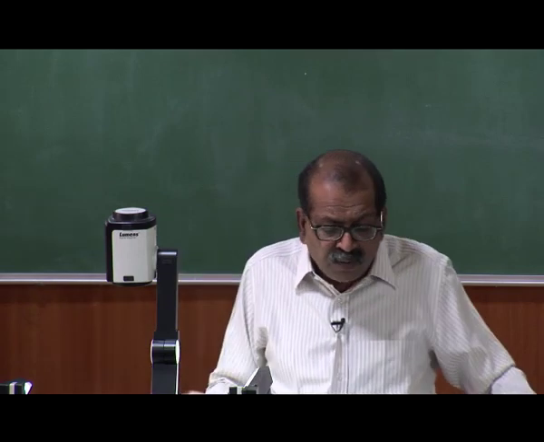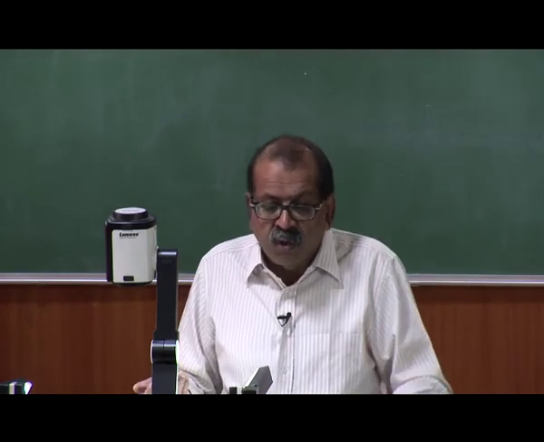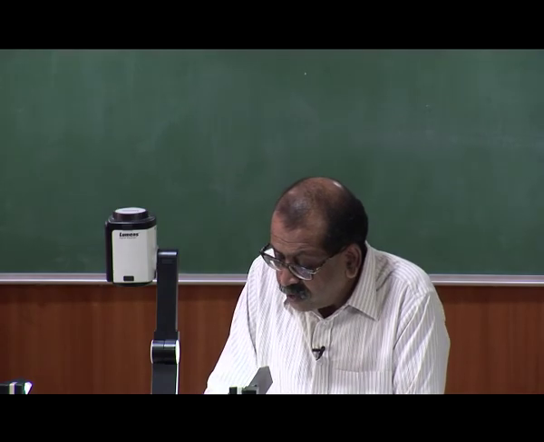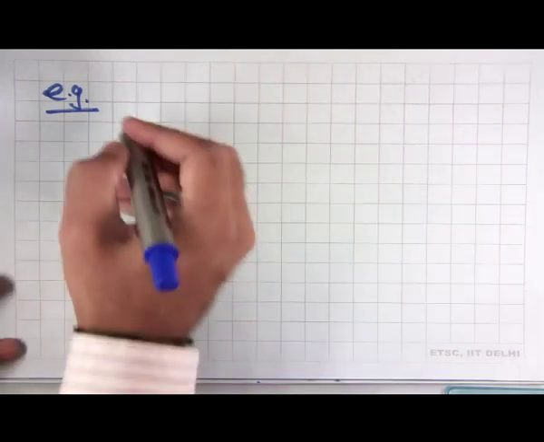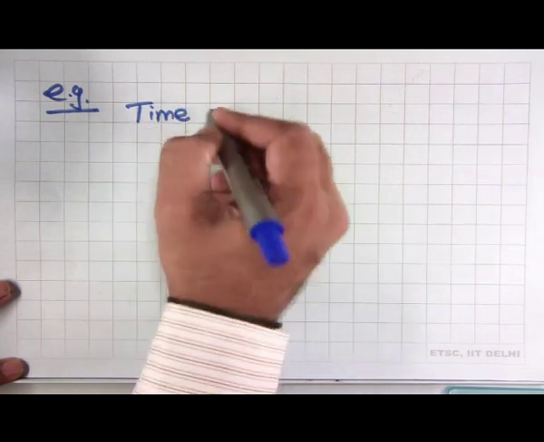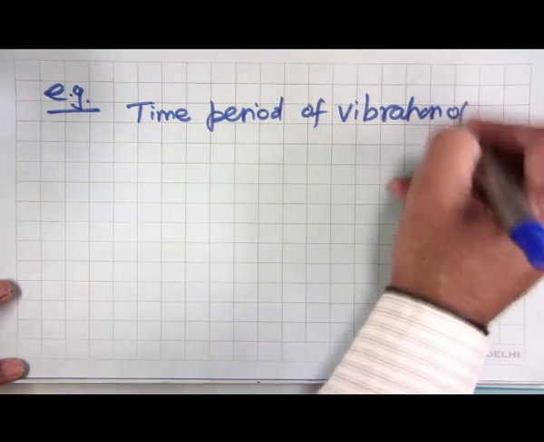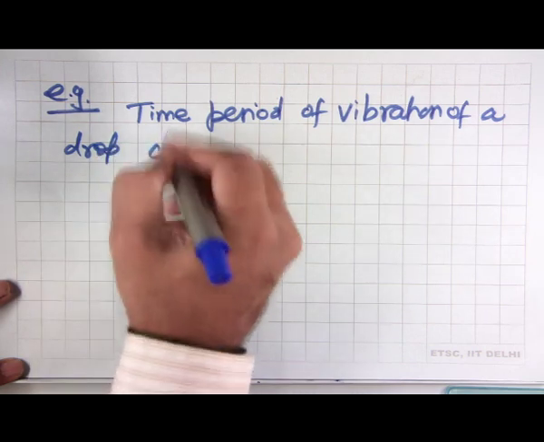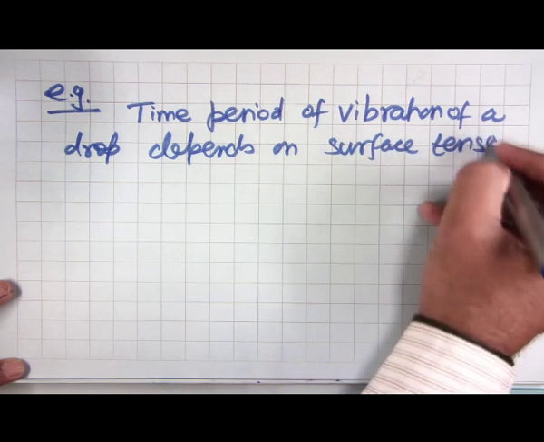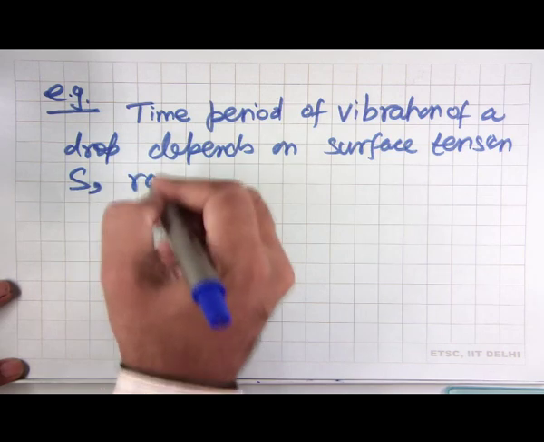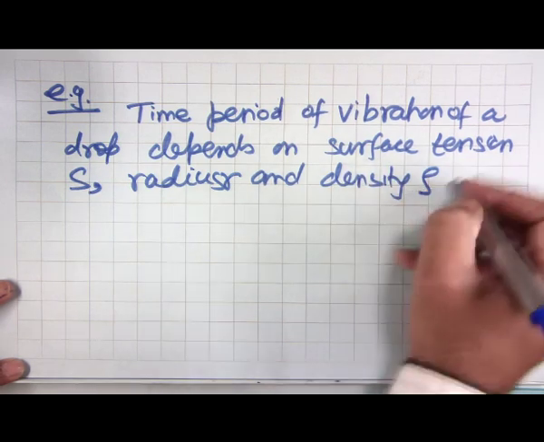So, how does one then use the principle of dimensional analysis to work out quantities? Let us look at this with the help of an example, and we will see how we can predict certain formulas. It is given to us that the time period of vibration of a drop depends on surface tension S, its radius r, and density rho of the liquid.